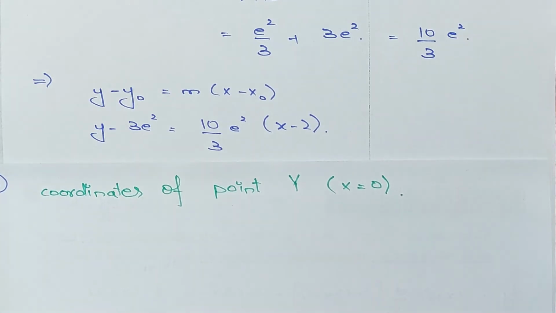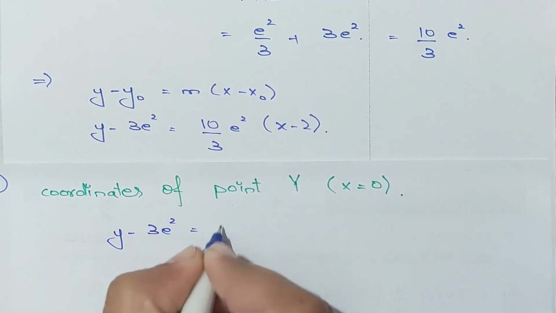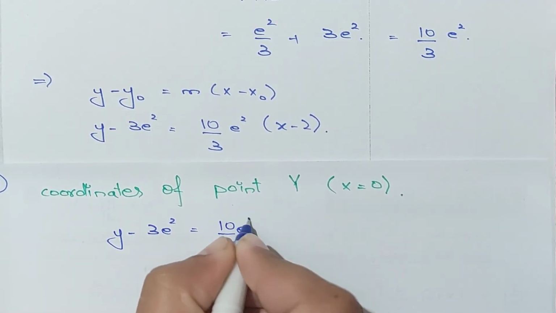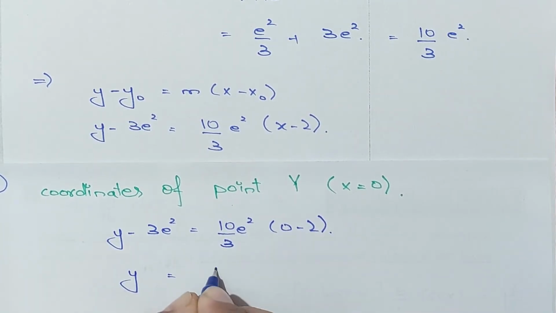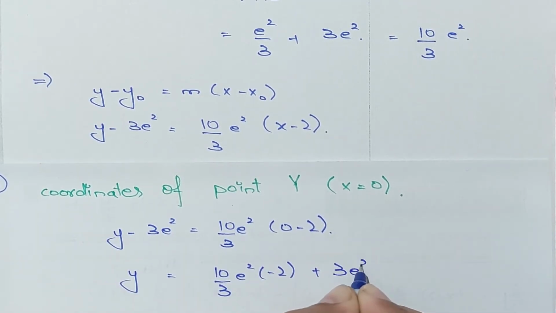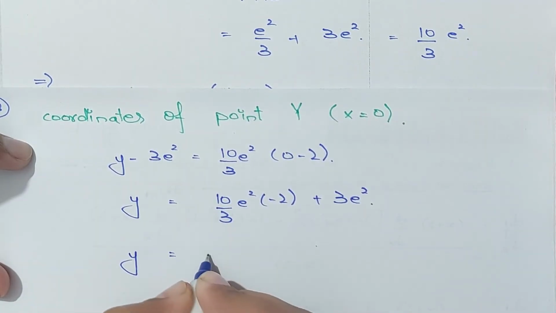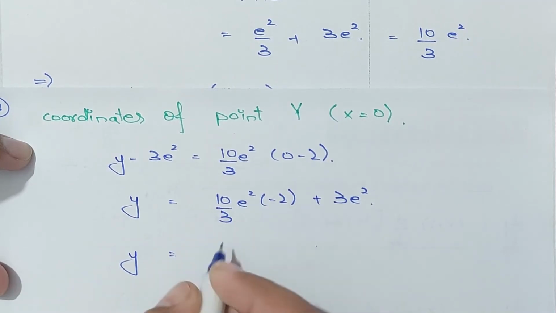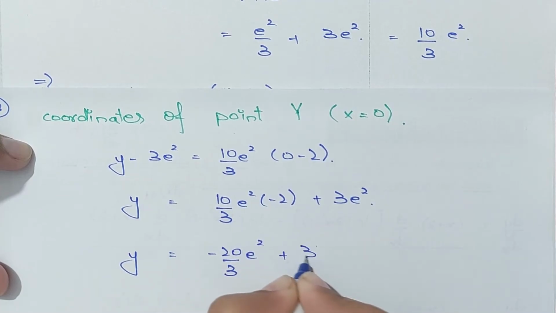Y minus 3e squared equals 10 over 3e squared times (0 minus 2). Y would be equal to 10 over 3e squared times negative 2, and shifting this term, plus 3e squared. So y is equal to 10 times 2, which is 20, minus 20 over 3e squared, plus 3e squared.